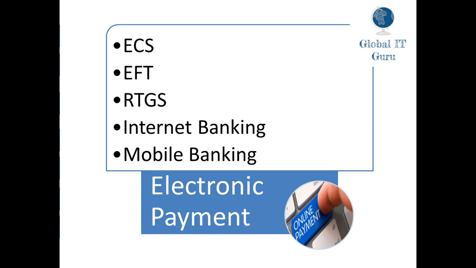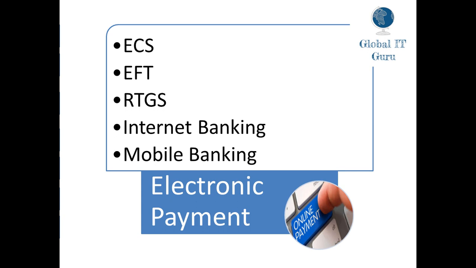We have two types of ECS: ECS debit and ECS credit. ECS debit is used to raise debits to numerous bank accounts, and helps the user collect payments from various customers which are periodic or recurring. Examples: loan EMI, policy premium.